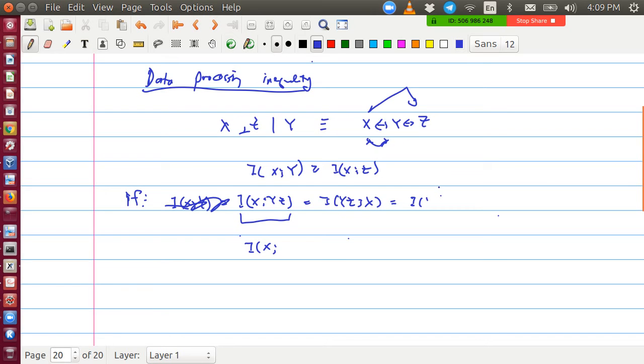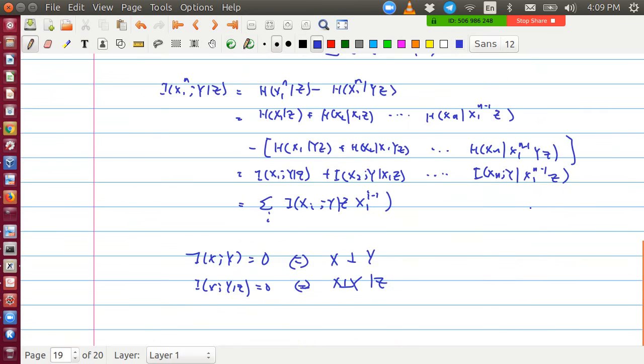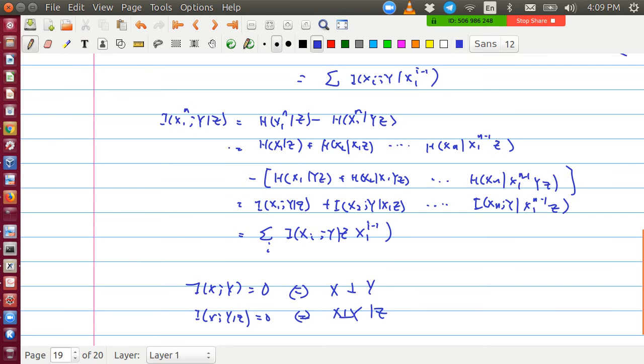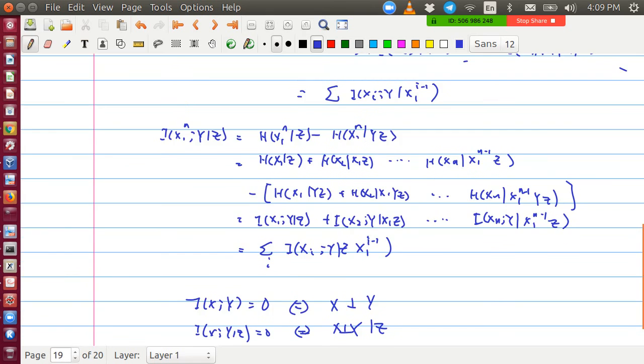I can write it as I(Y;X) plus I(Z;X given Y). That's the chain rule that we showed earlier on.